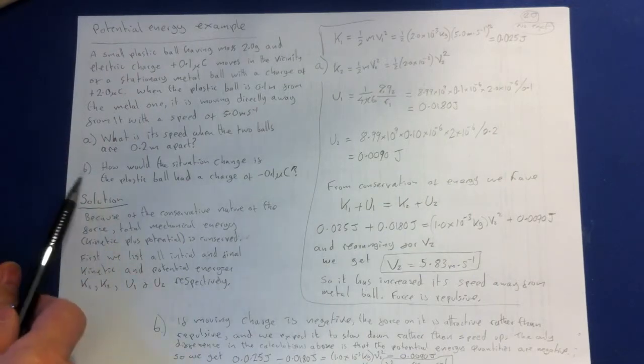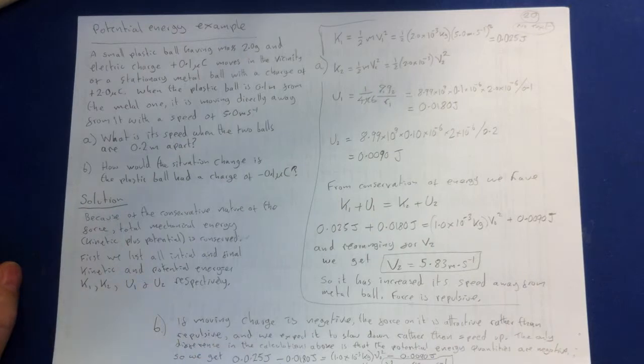Now for question B, if the moving charge is negative, the force on it is attractive rather than repulsive, and we expect the final speed to slow down rather than speed up. The only difference in the calculation is that the potential energy quantities are negative.